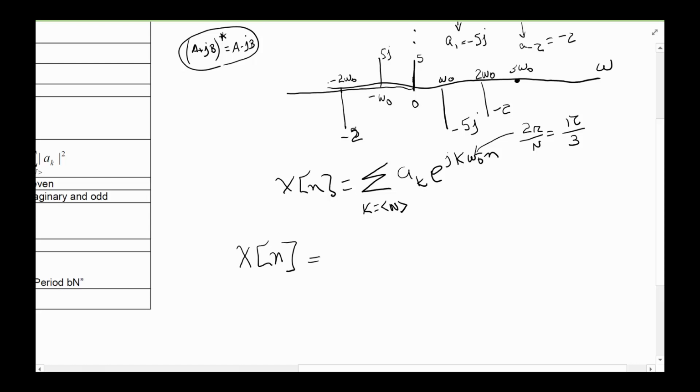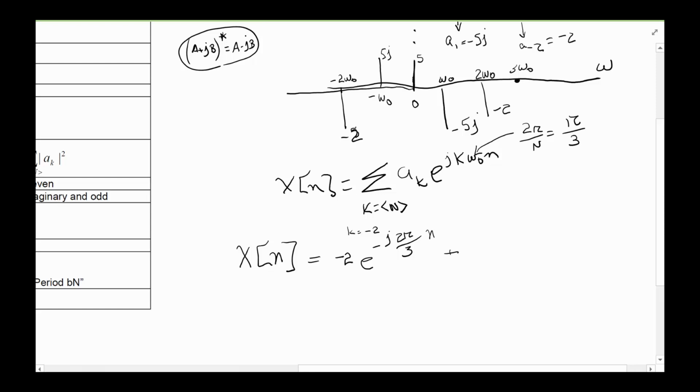This is k equal to minus 2, which happens to have a coefficient of minus 2 too, but that's just a coincidence. So minus 2 e to the, since omega is pi over 3, minus j, and k for this one is minus 2, so 2 pi over 3, and then of course n has to stay here.